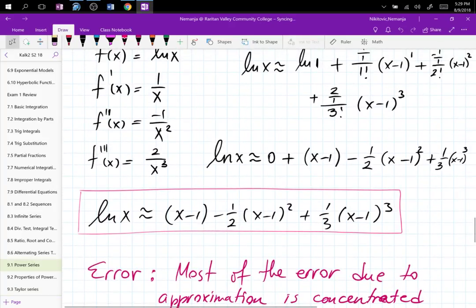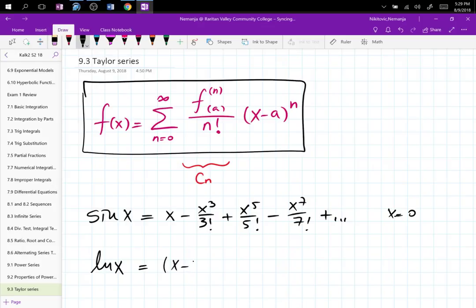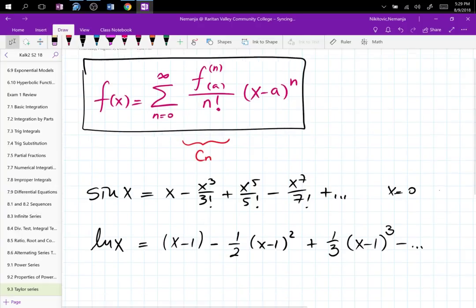For ln x, it was x minus 1, plus, oh no, there was the one half in front, 1/2 times (x minus 1) squared. I think it was alternating as well. Was this a minus here? Yes. Then 1/3 times (x minus 1) to the 3, and then it will be a minus, and then you put 1/4 to the 4, and so on.